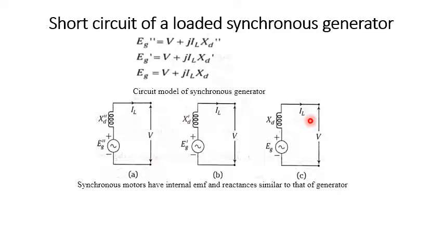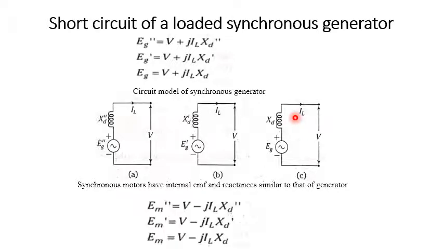The synchronous motors will have internal EMF and reactance similar to those of the generators, except that the current direction is reversed. This implies that the generator delivers current, while the motor takes current from the source, which is shown here.